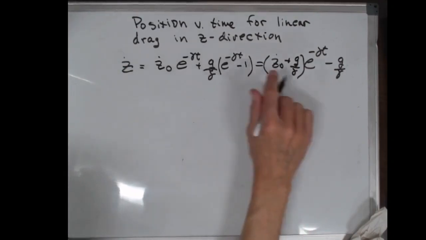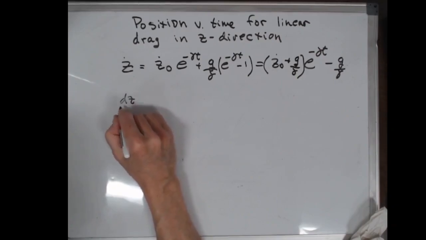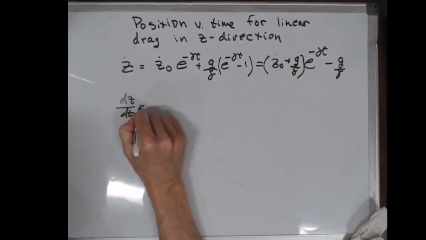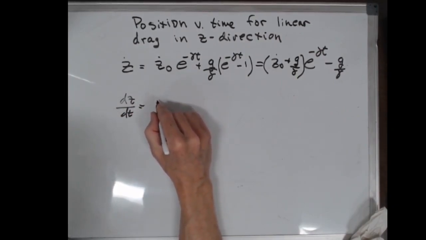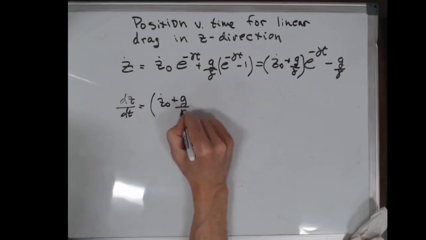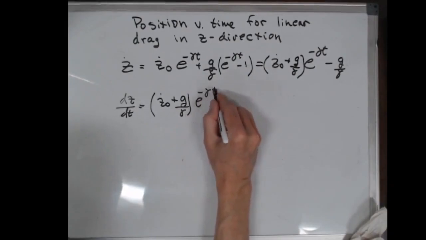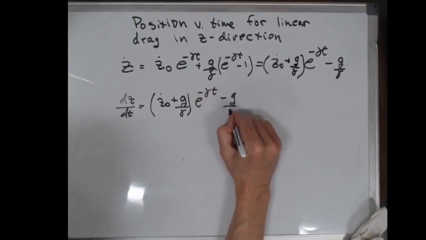And so then I can start to integrate this piece, and I can say, well, dz dt is equal to z dot naught plus g over gamma. Again, these are just constants that are multiplying e to the minus gamma t, minus g over gamma.